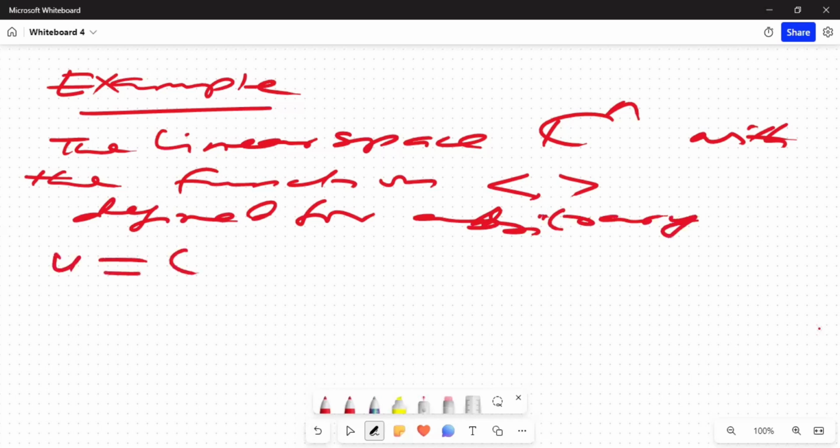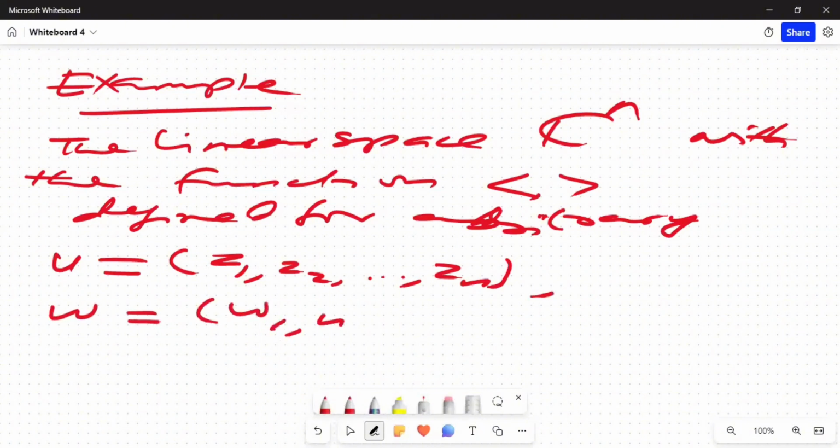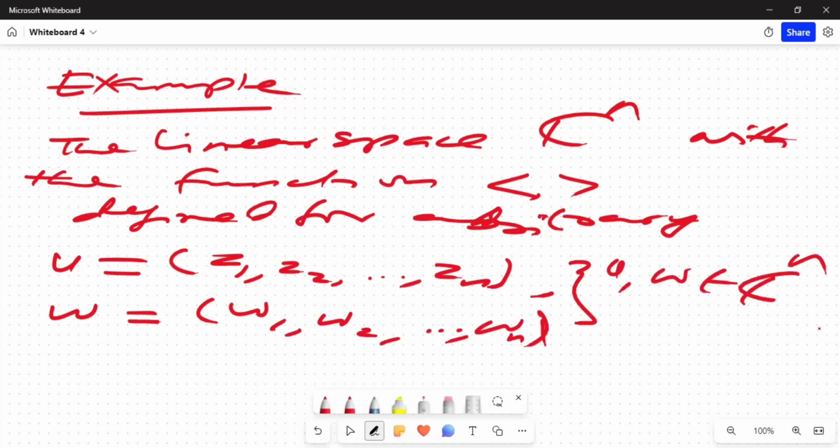If you pick u from Cn, it will be an n-dimensional vector, so it's going to be z1, z2, z3, up to zn. If you also pick another vector w, it's going to be w1, w2, w3, up to wn. These vectors u and w are in Cn.